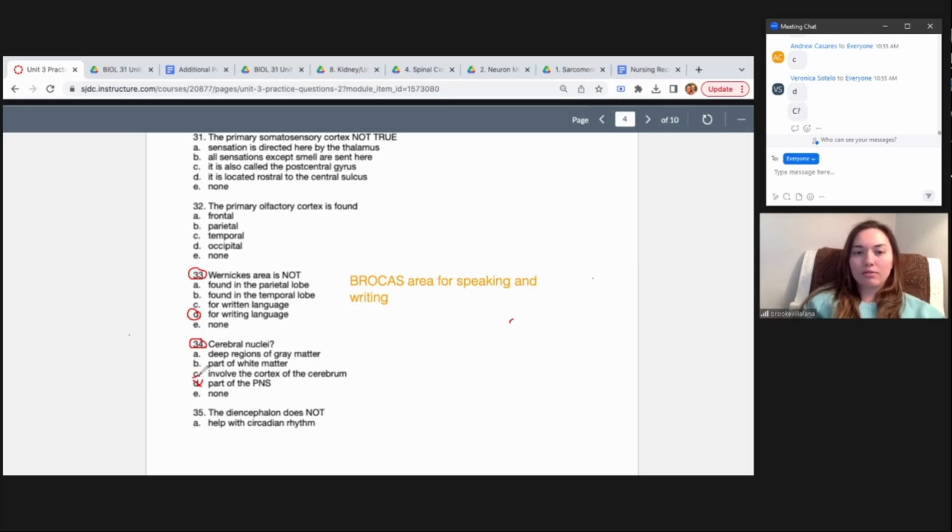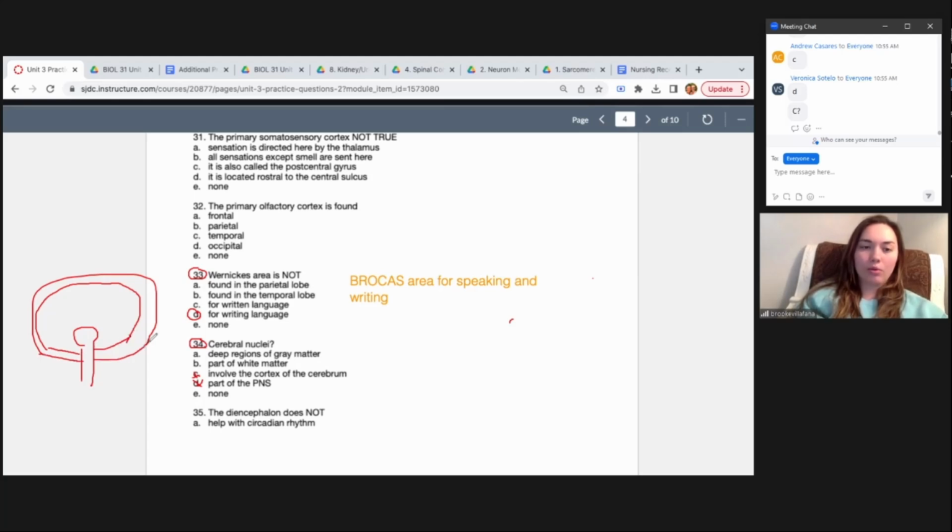So the cortex of the cerebrum is, if you think about the brain, the cortex is the outside. And then we have the brainstem. Sorry, I know this is a crude drawing of the brain, but we have the brainstem at the center, right? This is just to help us orient ourselves. And then we have our white matter that basically is all of this part in the middle. This is white matter.